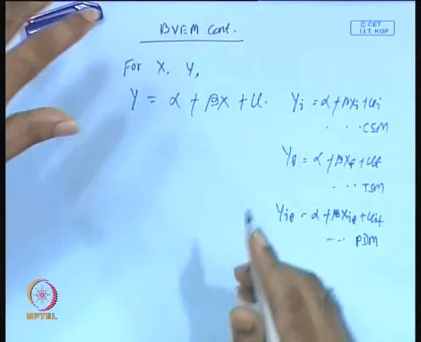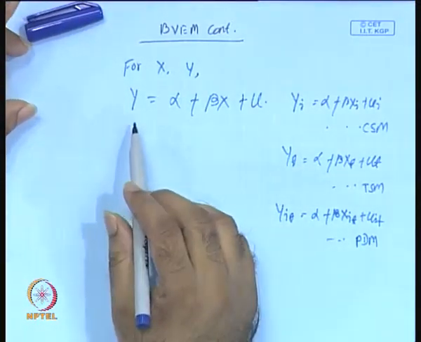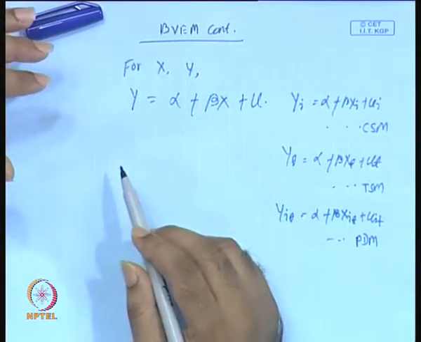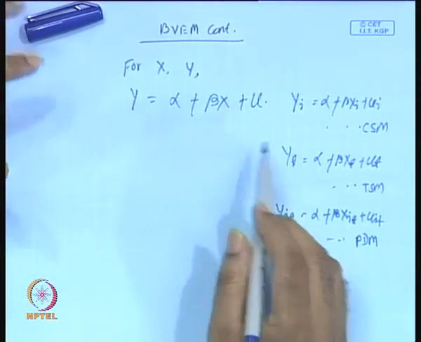For cross sectional analysis, we can represent the simple model as y equal to alpha plus beta x plus u, or write y i equal to alpha plus beta x i plus u i.